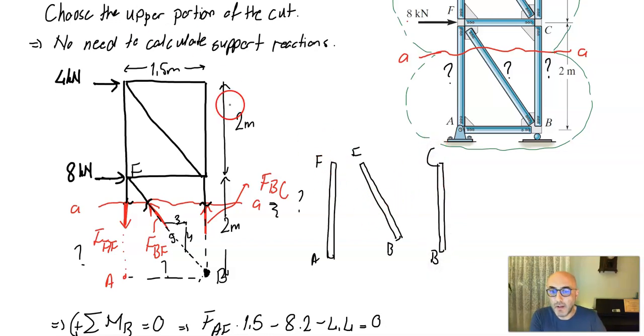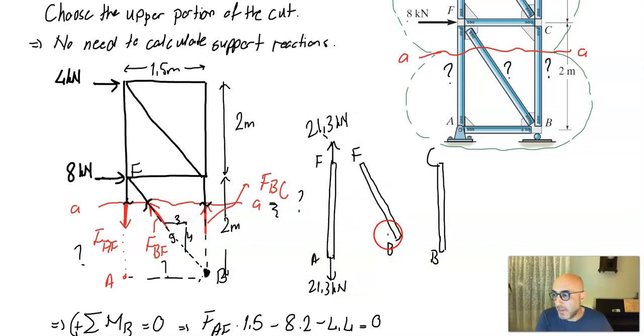As a result, member AF is under tension, and that tension is 21.3 kilonewton, so that's that.